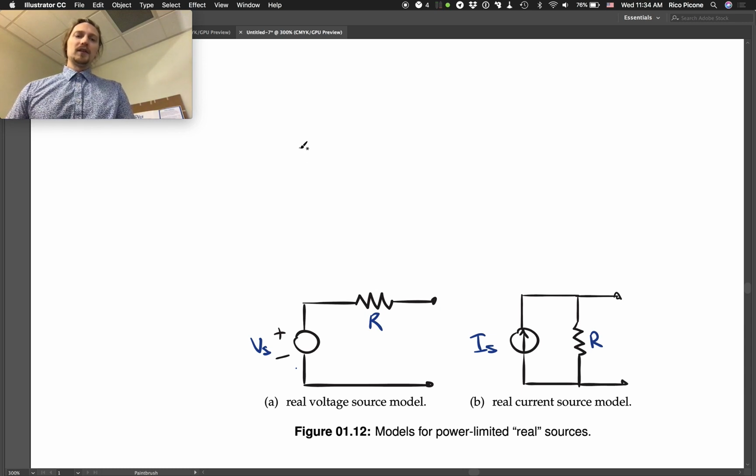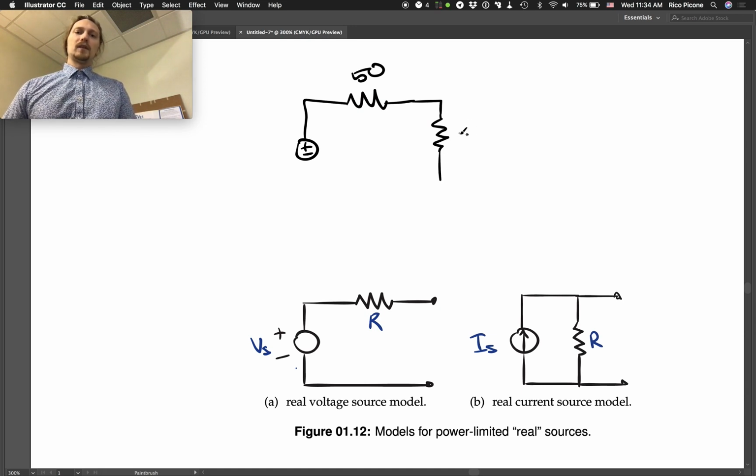So if you've got this source and you've got an output resistance of 50 ohms, and you're going to go across some load, I'll call this RL, and I'll call this VS.